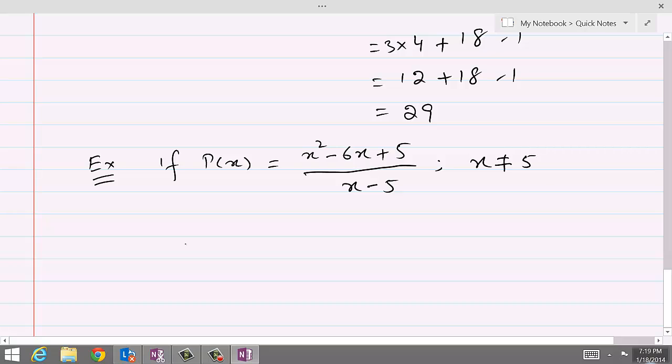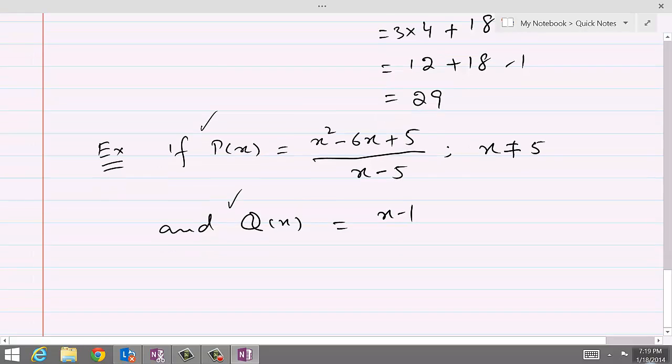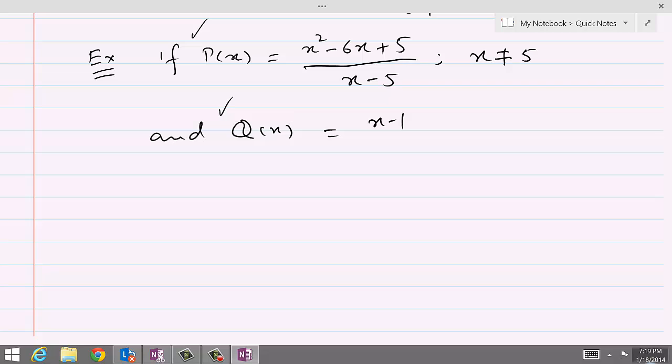And there is another q of x which is equal to x minus 1. These are two separate expressions. One is this p of x and the other expression is named as q of x. Show that p of x and q of x have the same value.